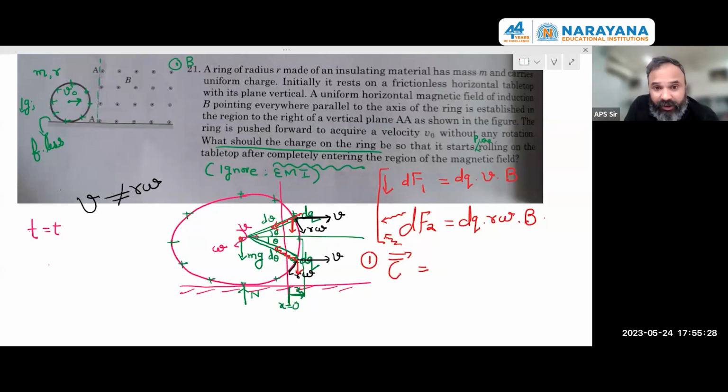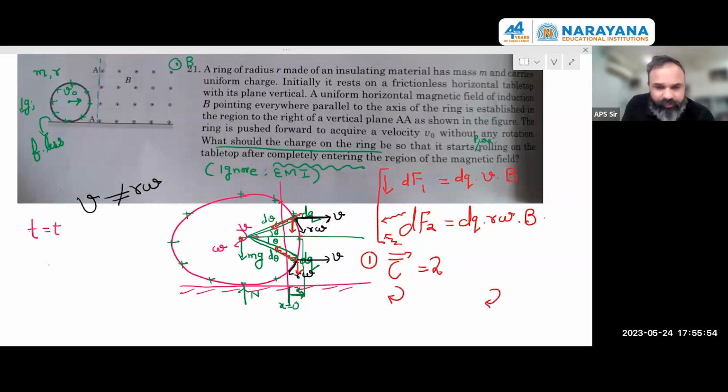And not at one point, we will have to observe torque from here till this point, and then we can do twice because on the lower segment also, the similar torque is present about the same point. So you can say this is twice of. I'm not bothered about the direction because I know that this is in the clockwise direction. So I'm just writing the magnitude in the clockwise direction.